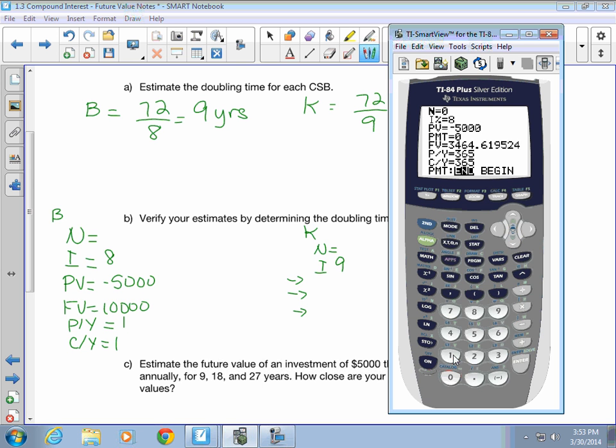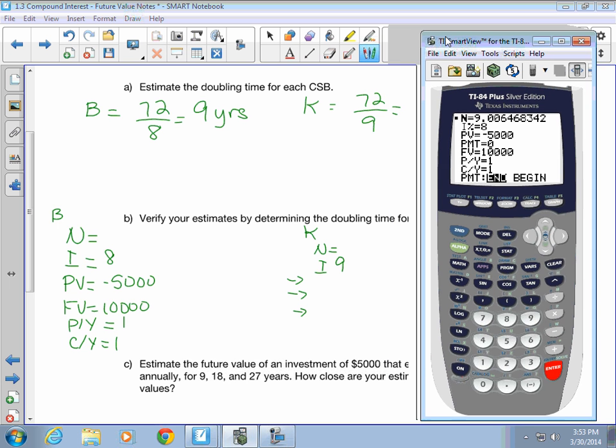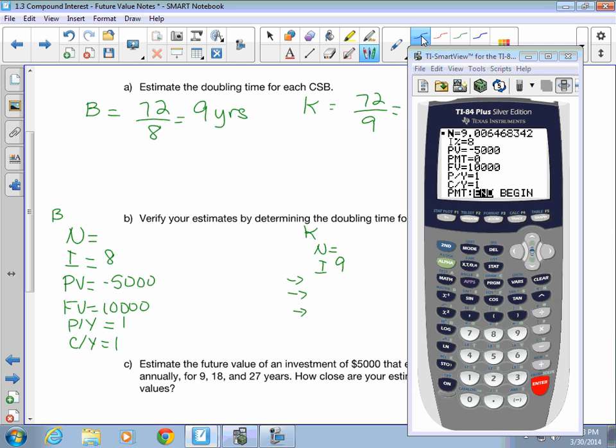We want a future value to be 10,000. And it's just once a year because it's annual. So go back up to N for Berta, alpha, enter, 9.0, well, 00, so 9.01.